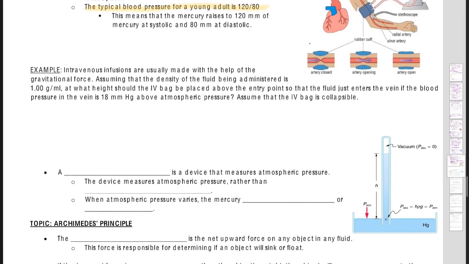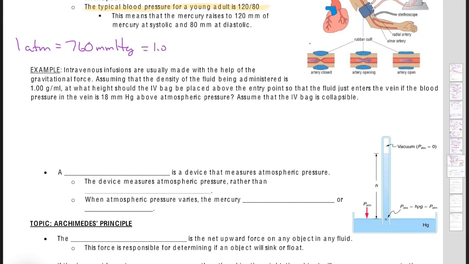I do want to point out that there are different units for pressure. 1 atmosphere is 760 millimeters of mercury, and what that literally means is that at 1 atmosphere, if you had a mercury barometer, it would rise 760 millimeters, which is short of a meter.